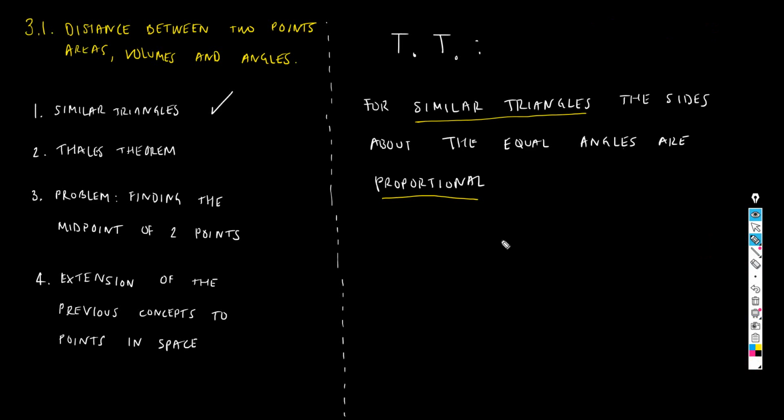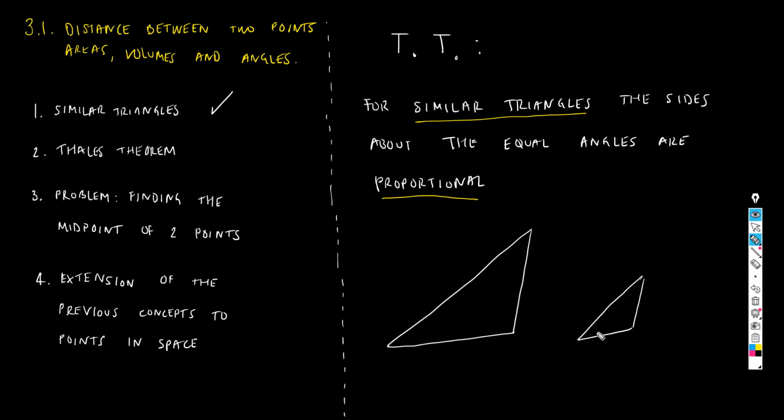So let me draw two similar triangles. First of all, I'm gonna try my best. You have to understand that when a mathematician draws shapes and diagrams and sketches and so on, we're not being very precise, okay? If I tell you that these two triangles are similar, then so they are, even if they don't look similar.